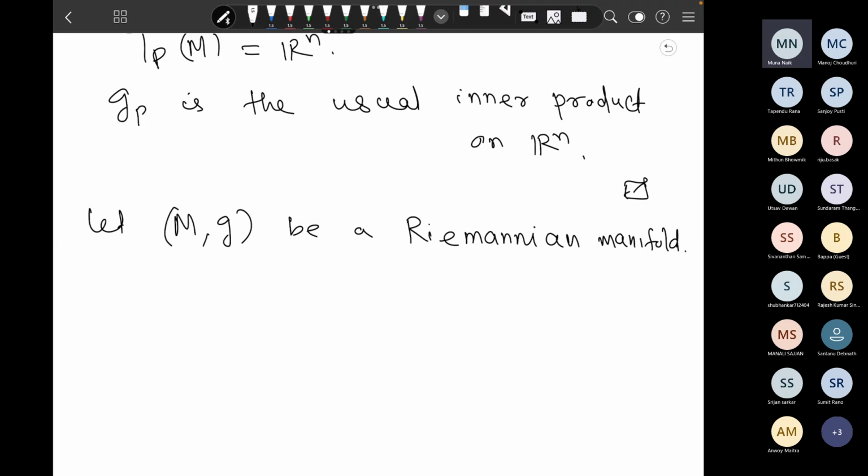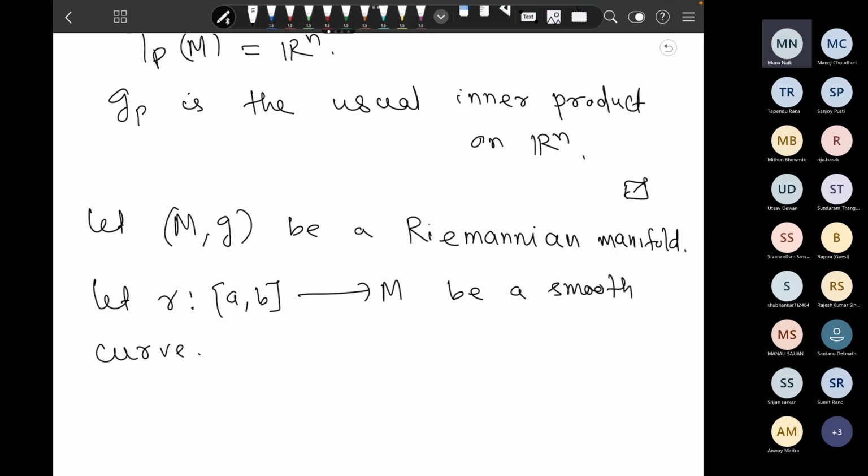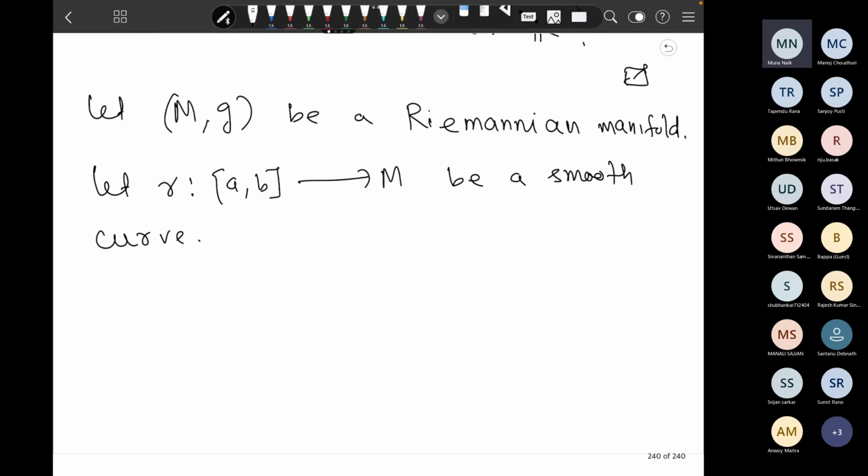Let (M, g) be a Riemannian manifold, and let gamma from [a, b] to M be a smooth curve. We define the length of gamma.